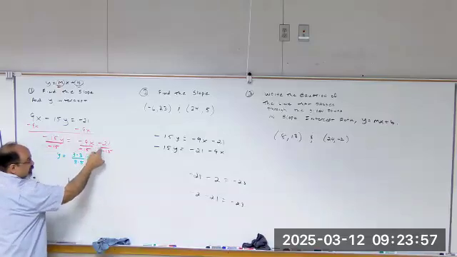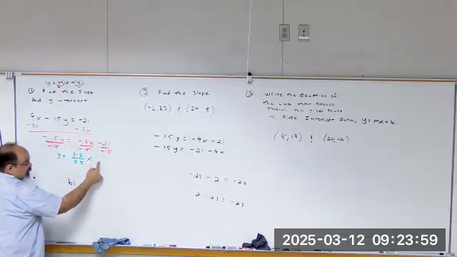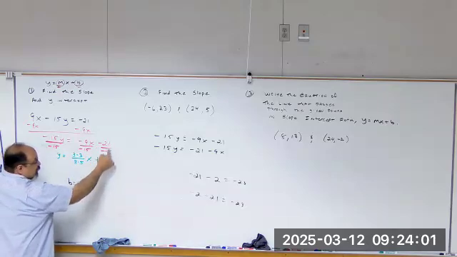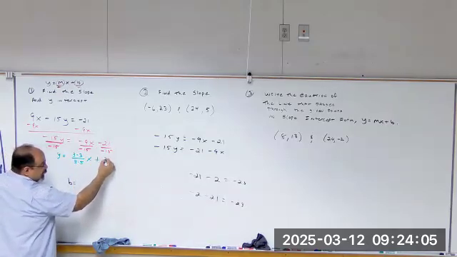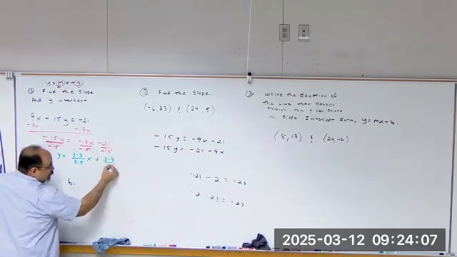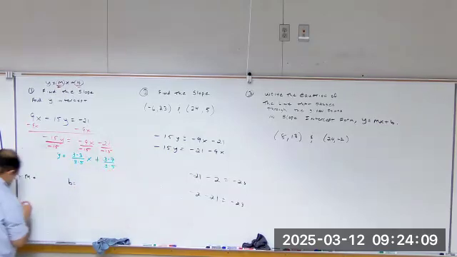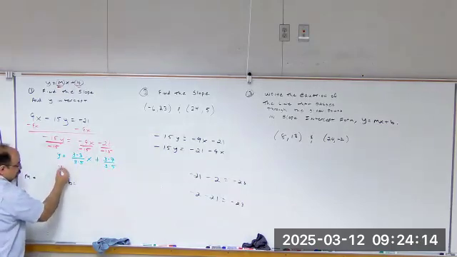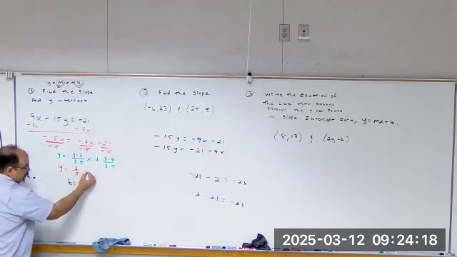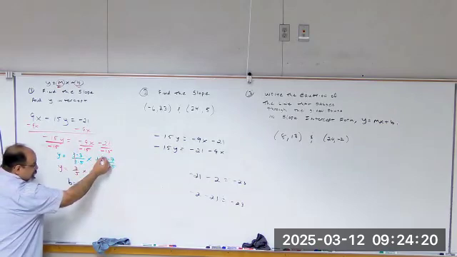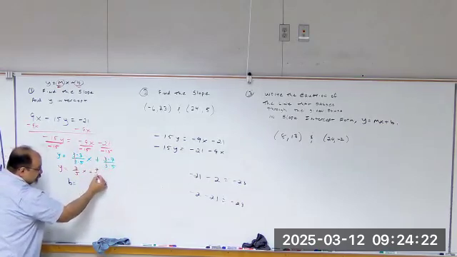And this is a negative over negative, so I get plus. The common factor for 21 and 15 is another 3: 3 times 7 over 3 times 5. So the final equation, y is equal to 3/5 times x plus 7 over 5.